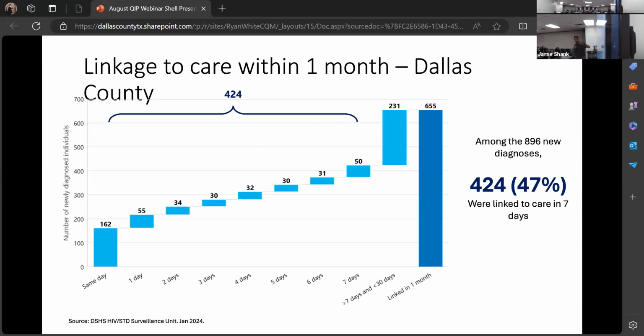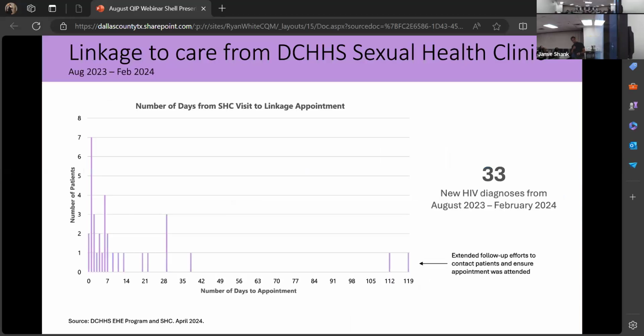This is breaking down that 73%, the 655 people, looking within 1 month of diagnosis, how quickly they were linked to care. 162 people were linked to care on the same day of diagnosis, and ultimately 424 people were linked to care within a week of diagnosis. And so that 424 people represents 47% of all new diagnoses, which is pretty good progress.